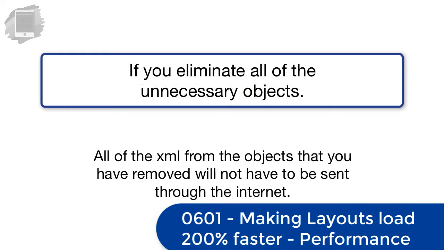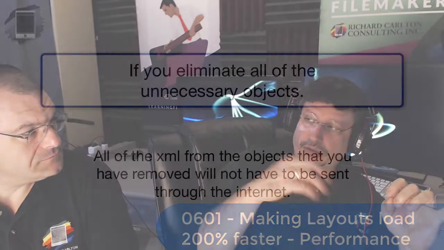That doesn't mean you have to remove it from the layout. It can be hidden in a different slide or different tab, and I'm going to show that in the demo: you can have a lot of things exposed, but you don't show them. WebDirect is very smart.